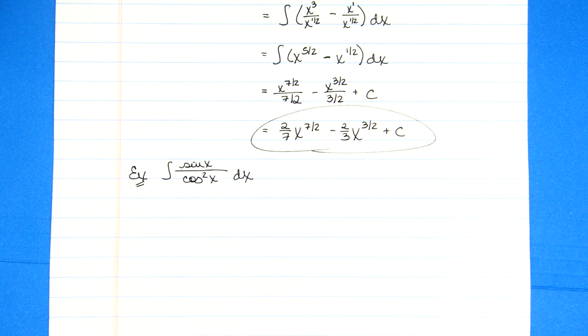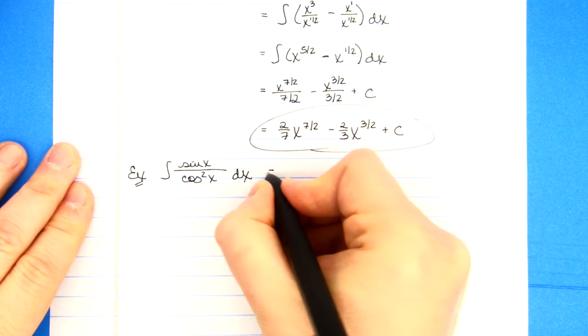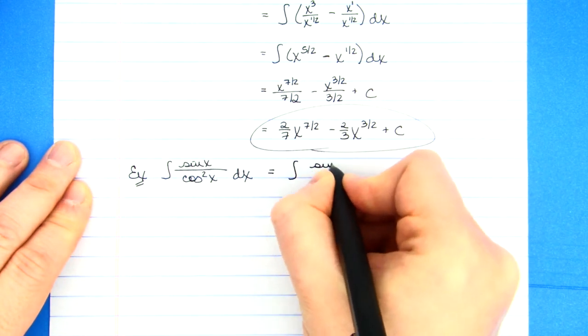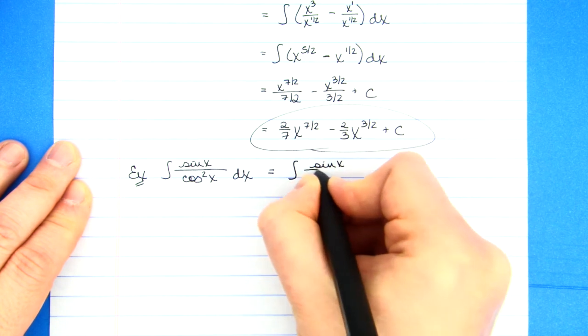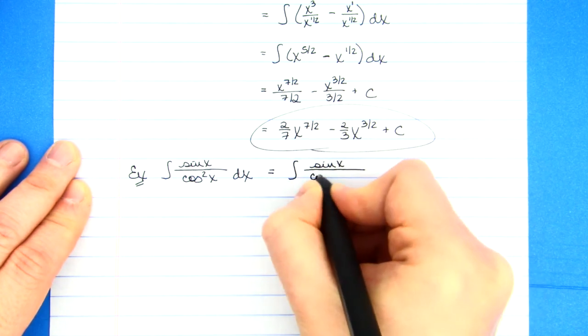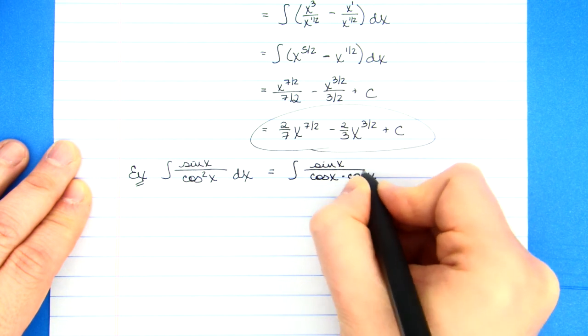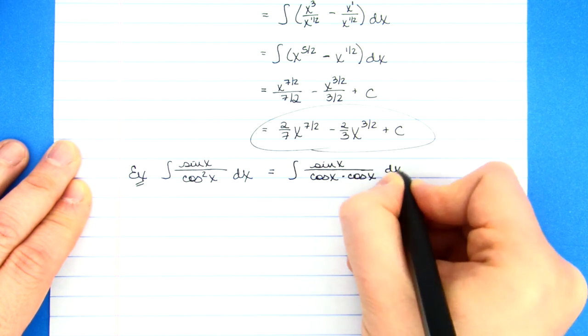I have no quotient rule. That's not going to help me. Even if it did, I have no chain rule, so that's not going to help me. What I'm going to do is rewrite that denominator as cosine x times cosine x. That's sine x over cosine x times cosine x dx.